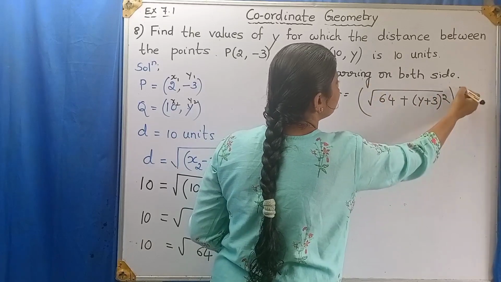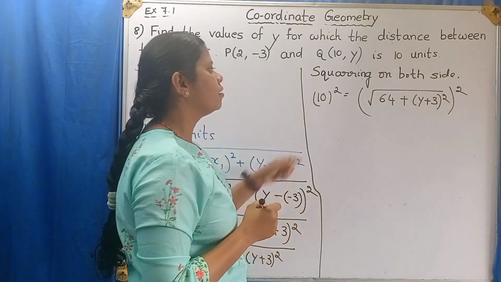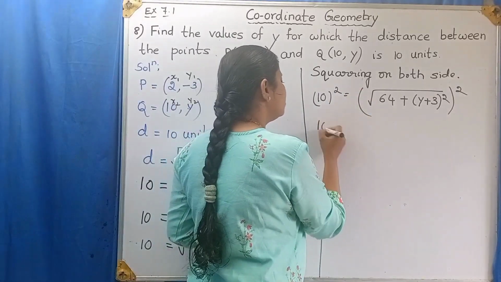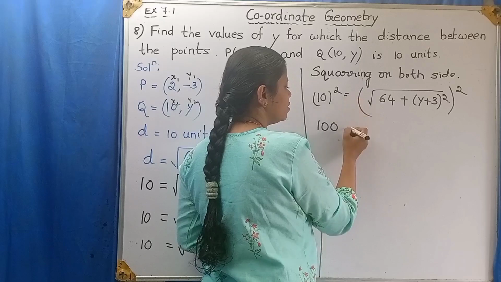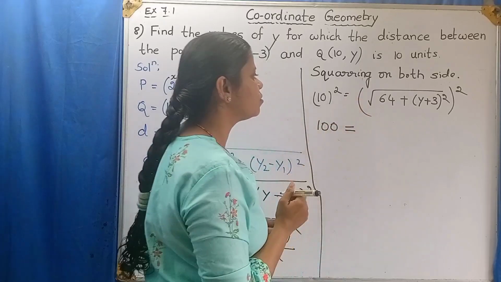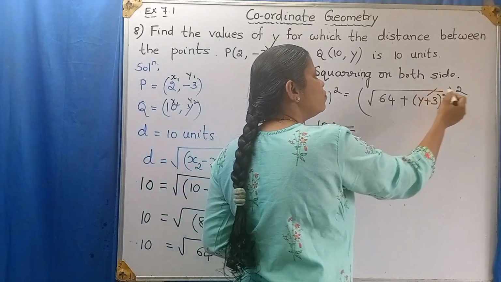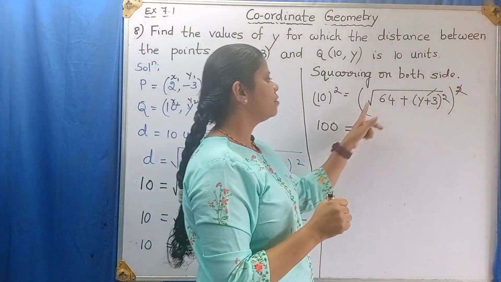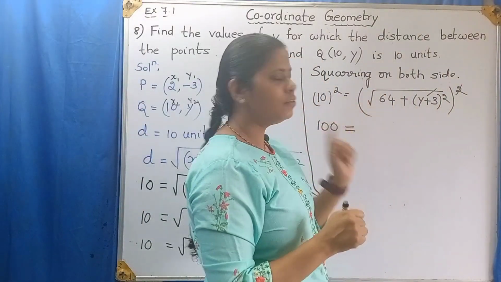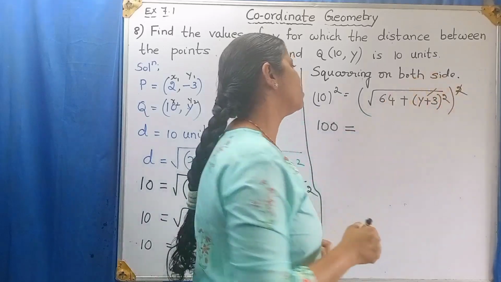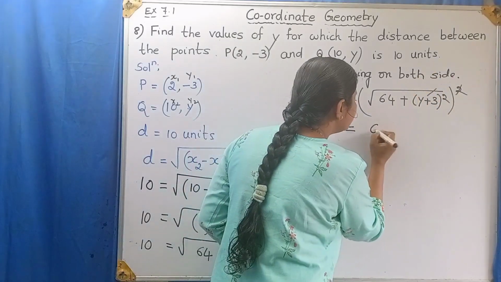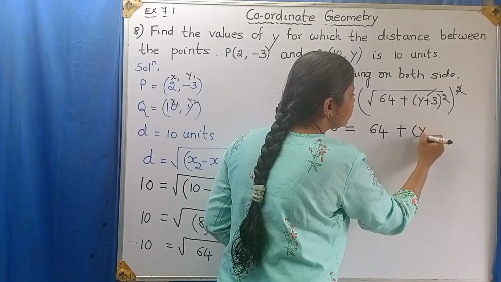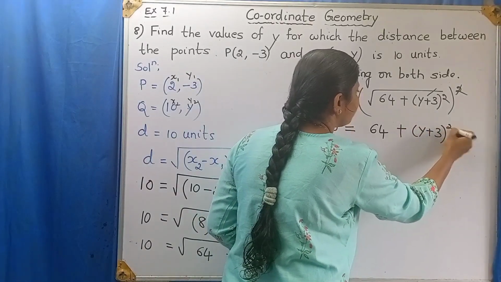We are doing the square. Now see here, 10 square is 100. This square root and this square will get cancelled, because we know that the value of square root is 1 by 2. So it will get cancelled. Then what will remain? 64 plus (y plus 3) the whole square.